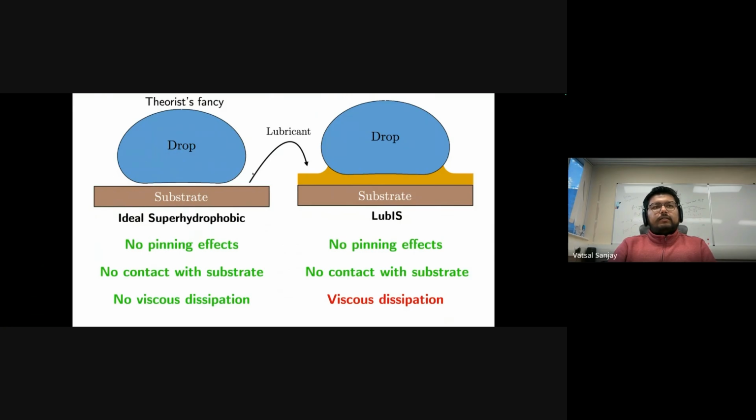In the case on the left, which is an ideal fantasy of a superhydrophobic surface, there is air, and basically there is zero to very minimal viscous dissipation. Whereas if we move towards the case where we have a lubricant, as the drop moves on this lubricant, it will develop shear flow, and that shear flow would then result in viscous dissipation that cannot be neglected in the case that you see on the right.